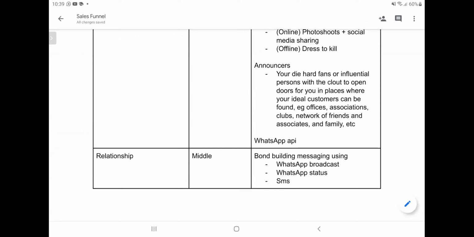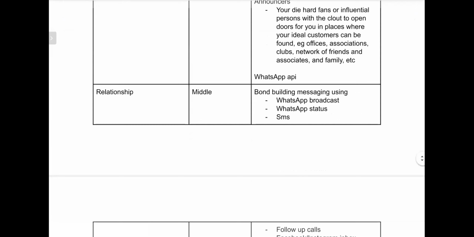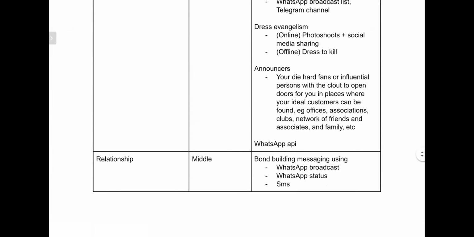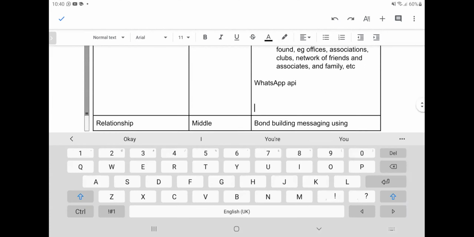So for instance, you create a post on Facebook, either a text post or a video with a caption, and the caption says people should contact you on WhatsApp, and they can click the link to come to you on WhatsApp. That's what WhatsApp API does for you.